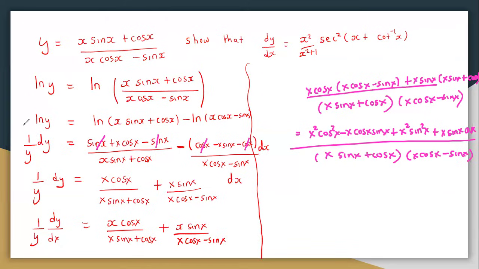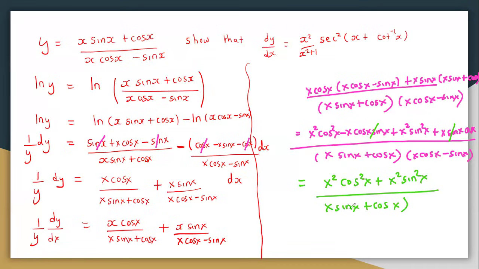Now, when you look very well, you notice that this and this are the same, so they go. When you look up again, you remain with x squared cos squared x plus x squared sine squared x, everything divided by x sine x plus cos x into x cos x minus sine x.